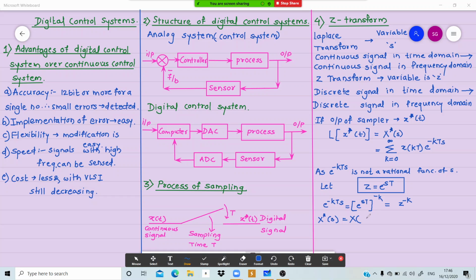So I'll write x of z now, because your variable is not s now, it is becoming z. That's why it will be equal to summation of k equal to 0 to infinity, x of kt and z raised to minus k.